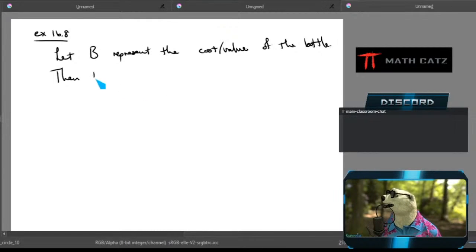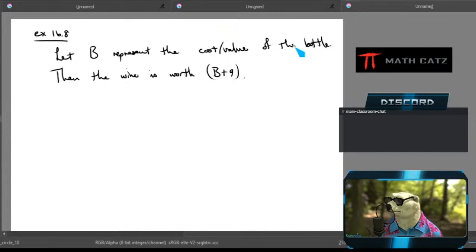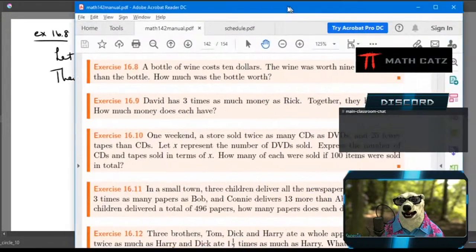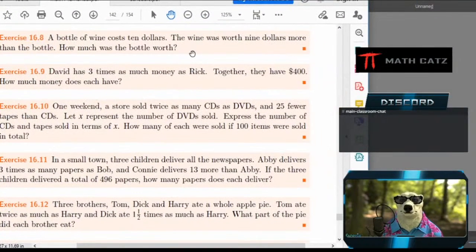So then the wine itself is worth $9 more than the bottle, so B plus 9. That's exactly what they say. $9 more than the bottle. I'm still translating just pieces of this. Wine was worth $9 more than the bottle.